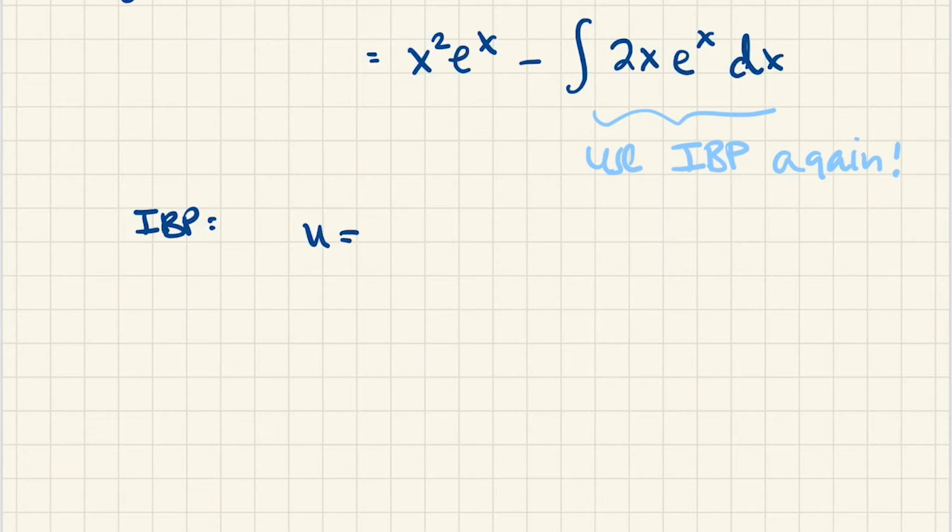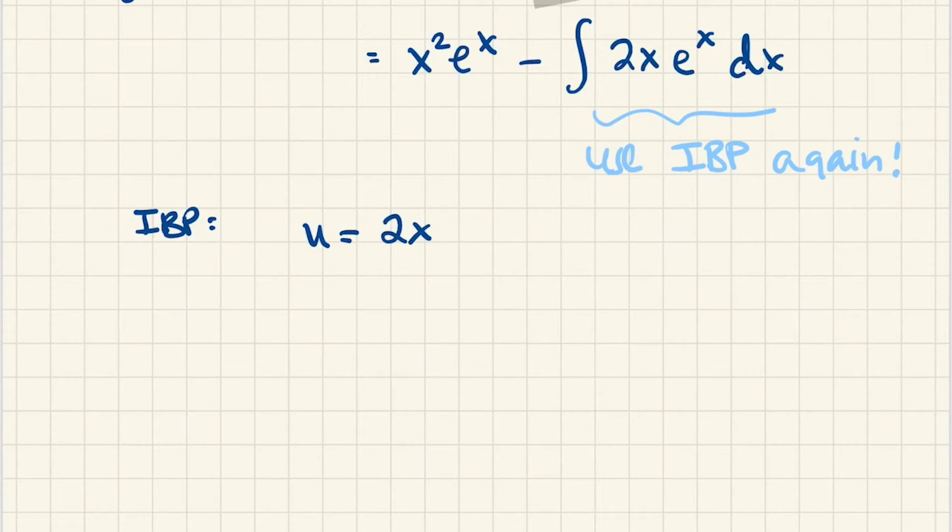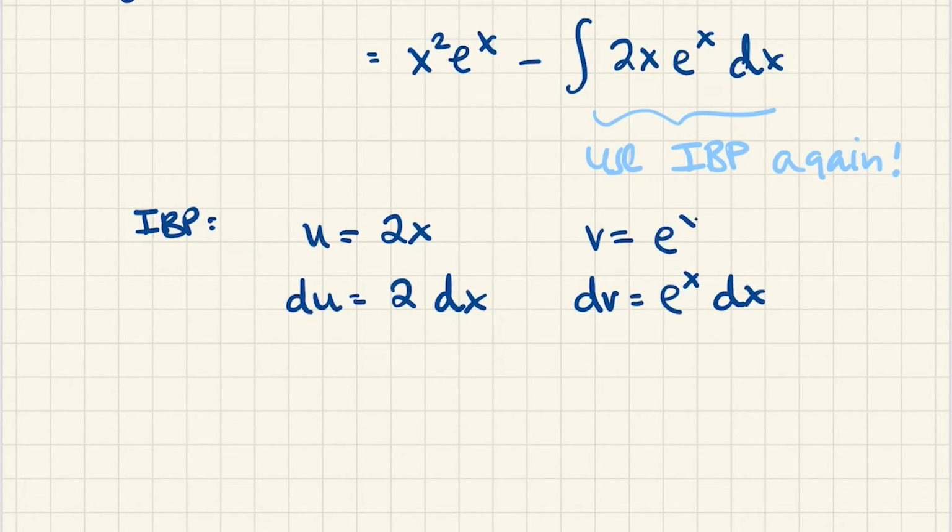So what should we let u equal? Well, running down the list of LIATE, we come to the algebraic part again. So u is 2x, du will be 2 dx. And dv is everything we didn't choose for u, so that's e to the x dx. And v will be the antiderivative of that, which is e to the x. All right, so where have we left off?